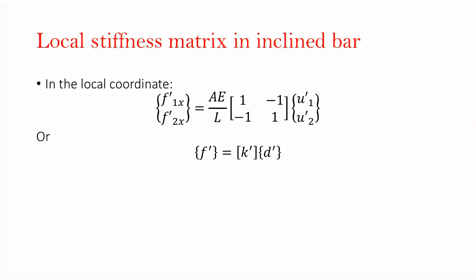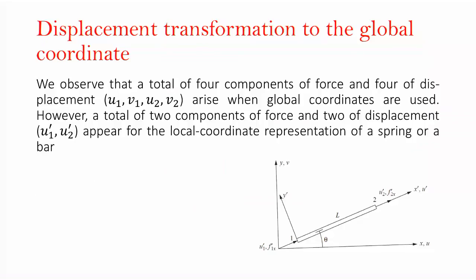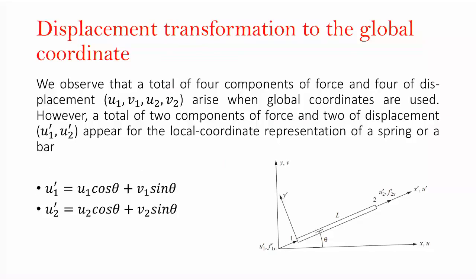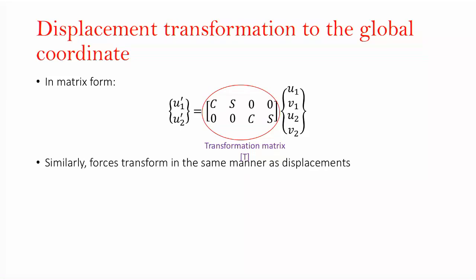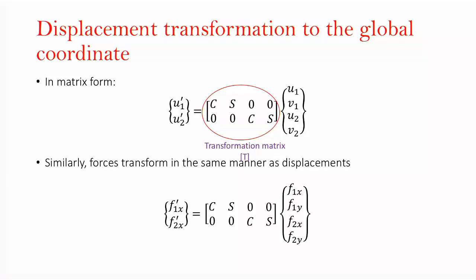And then we came up with the transformation matrix, which maps the local coordinates into the global coordinates, u prime 1 and u prime 2 in terms of U1, V1, and U2 and V2. And then we did the same for the nodal force matrix and just got the same transformation matrix.